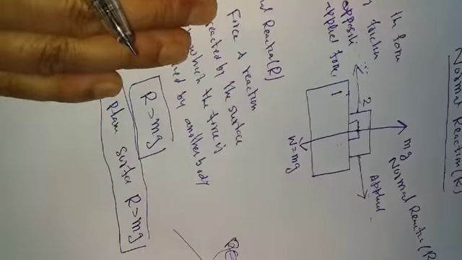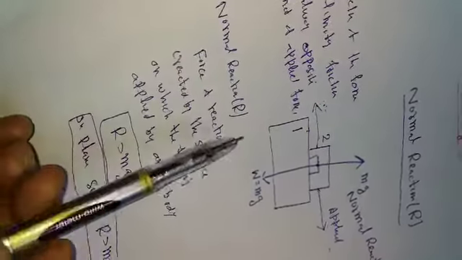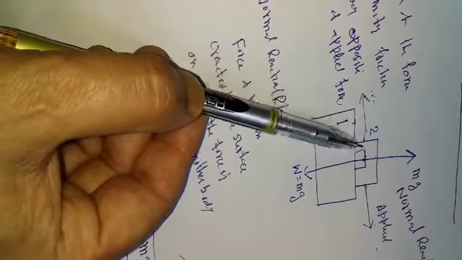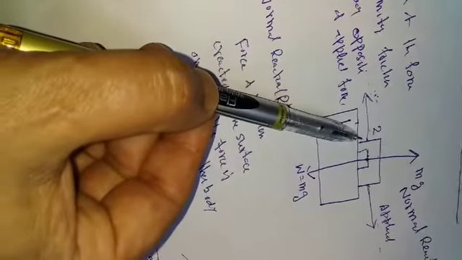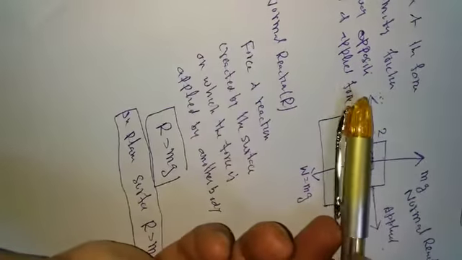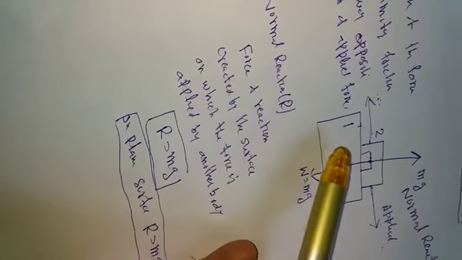Number two, the friction depends upon the nature of the material, surface roughness. जितनी roughness होगी, suppose अगर ये surface smooth होंगे, तो frictional force कम होगा. जितनी सरफेस रफ होगी, जितना एरिया ऑफ कंटैक्ट रफ होगा, इतना फ्रिक्शनल फोर्स ज़्यादा होगा.